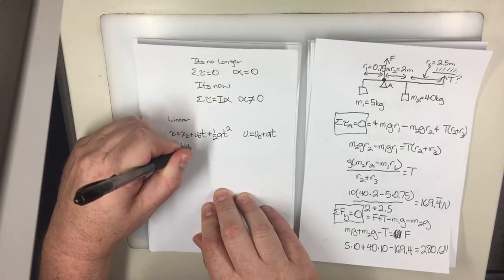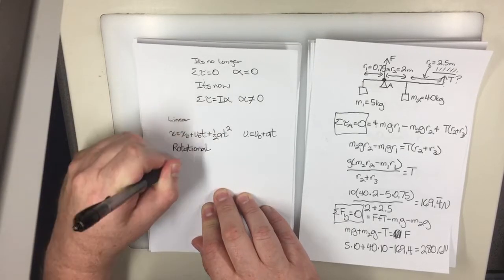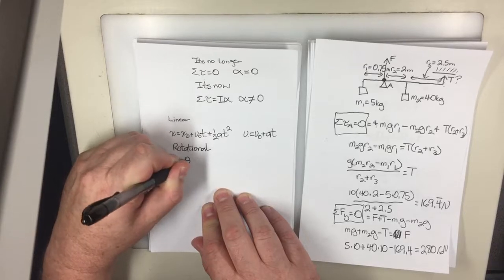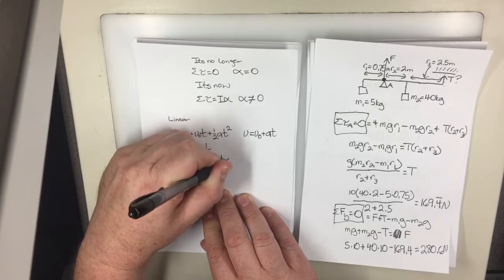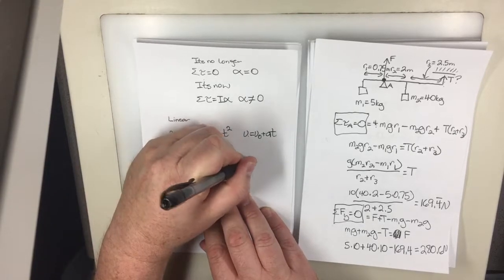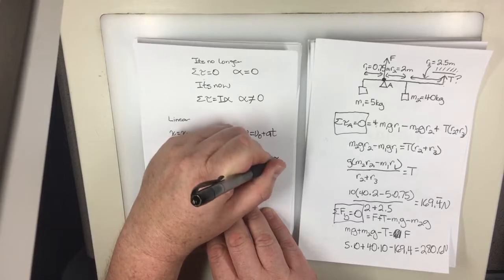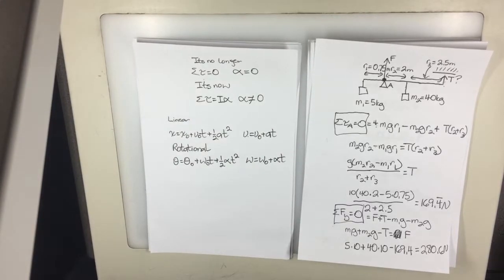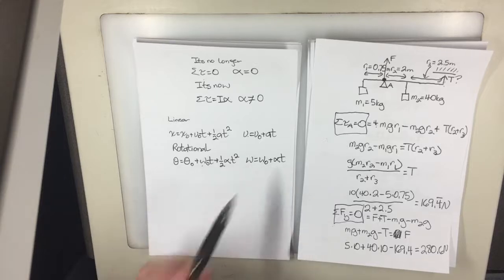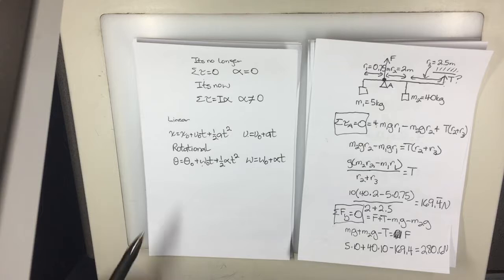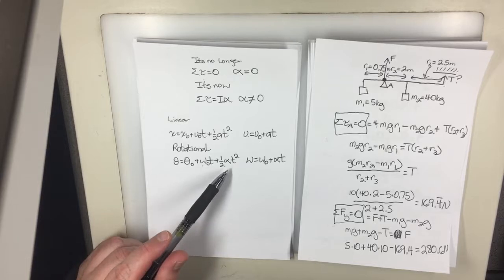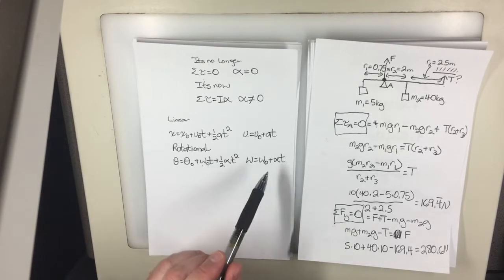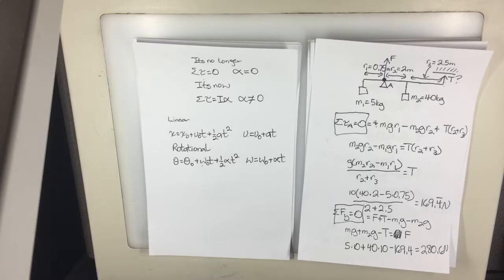So for the rotational equations of motion, it's theta equals theta naught plus omega naught t plus 1/2 alpha t squared. And omega is omega naught plus alpha t. So these two equations are critical for understanding what goes on. The final angle is the initial angle plus omega naught t plus 1/2 alpha t squared. Omega is equal to omega naught plus alpha t.